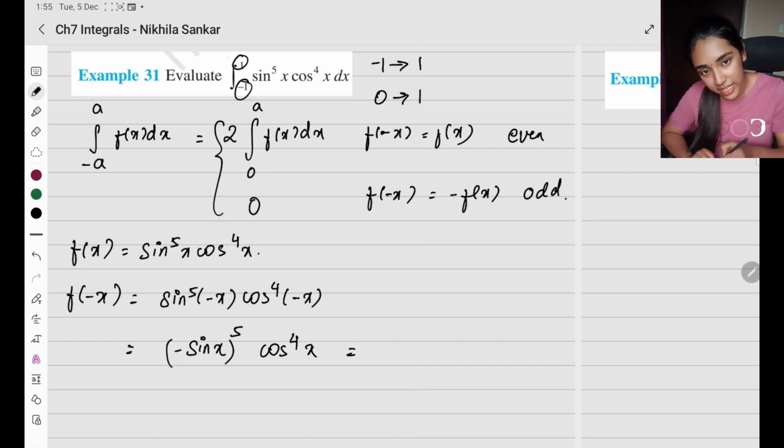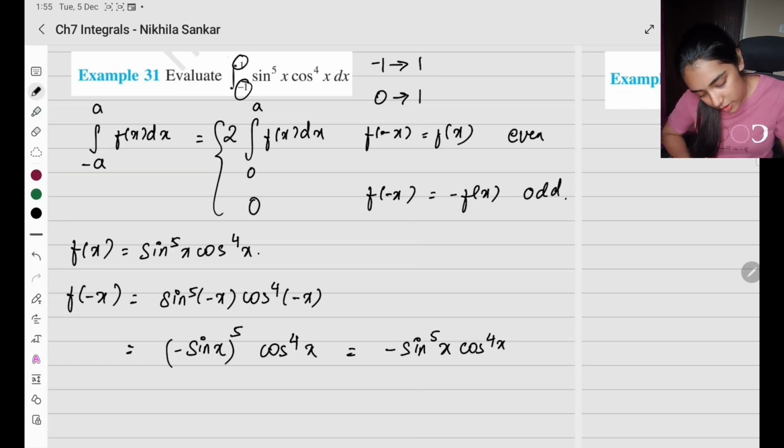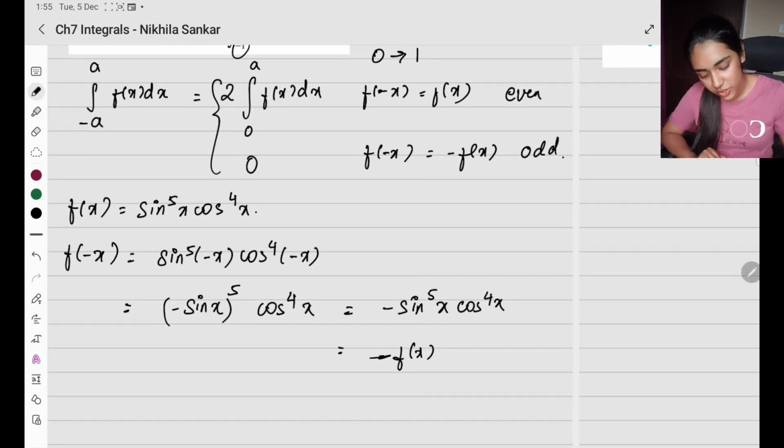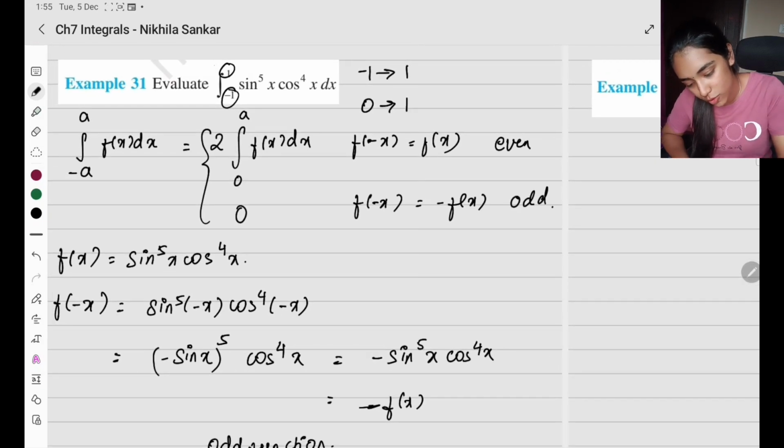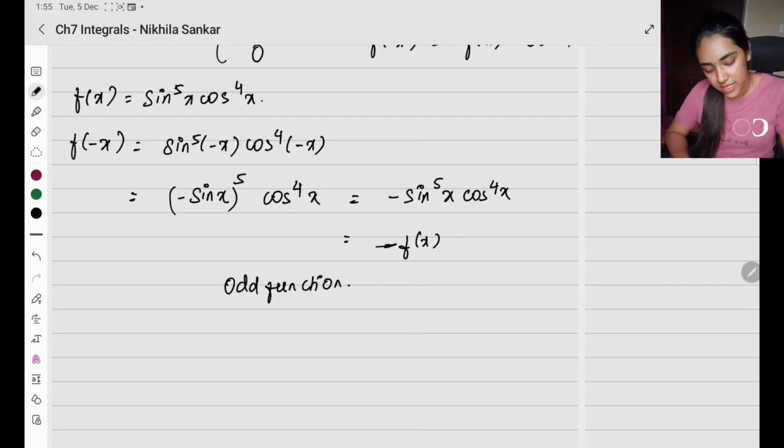So minus sin x to the whole power 5 gives me minus sin power 5x cos power 4x, which is going to be minus f of x. Correct? So this is an odd function. So for an odd function, my integral is going to be 0. So my answer is going to be 0.